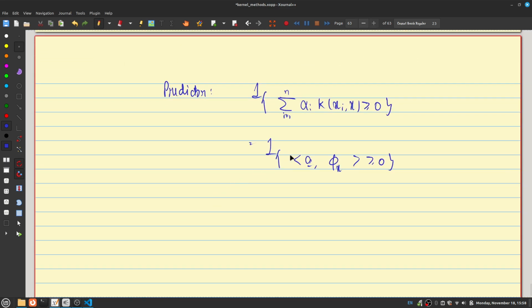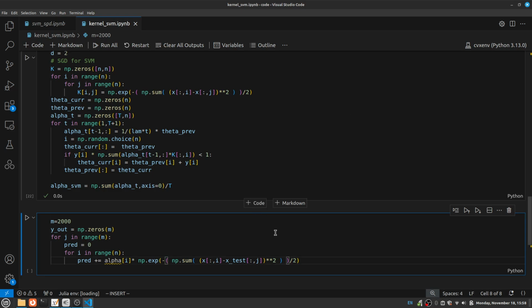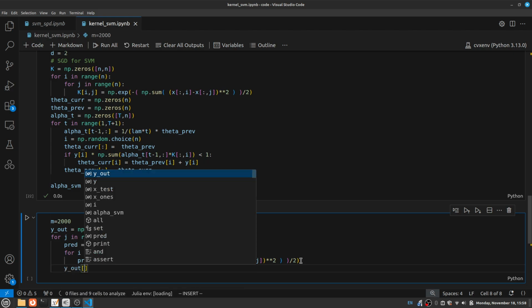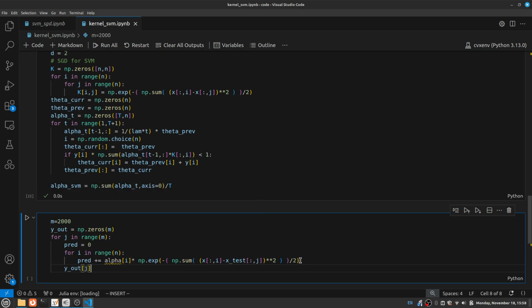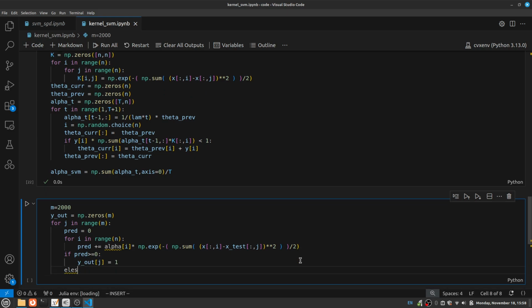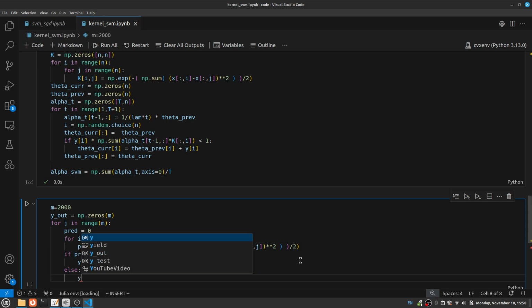This is what I want. For the jth point, I have to evaluate this particular quantity, and in the end, y out of j is equal to 1 if it's greater than or equal to 0, then you output a 1, and otherwise y out of j is equal to -1.